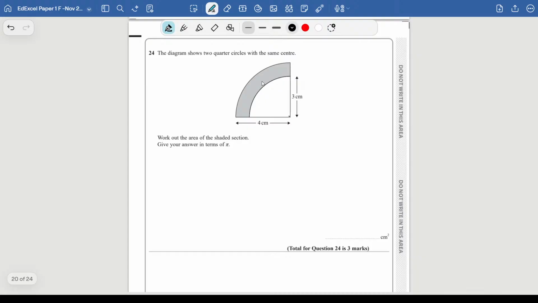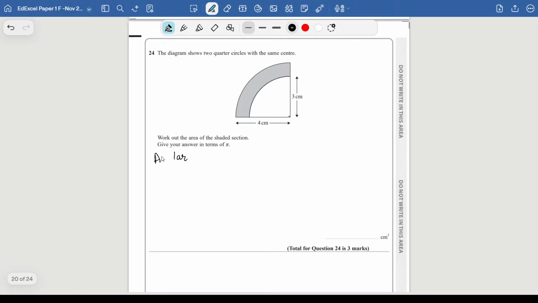To find only the area of the shaded part, we can find the area of the larger quarter circle, find the area of the smaller quarter circle, and then subtract them. So we get only the shaded region. First we will start with the larger quarter circle.